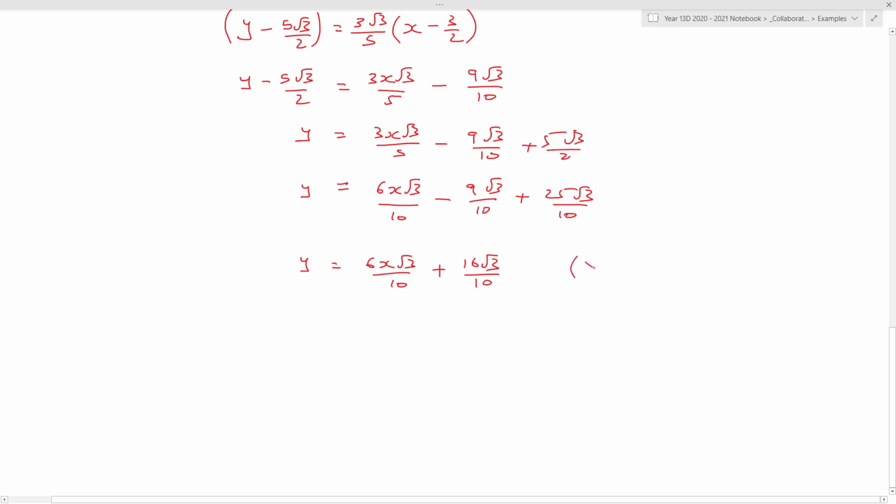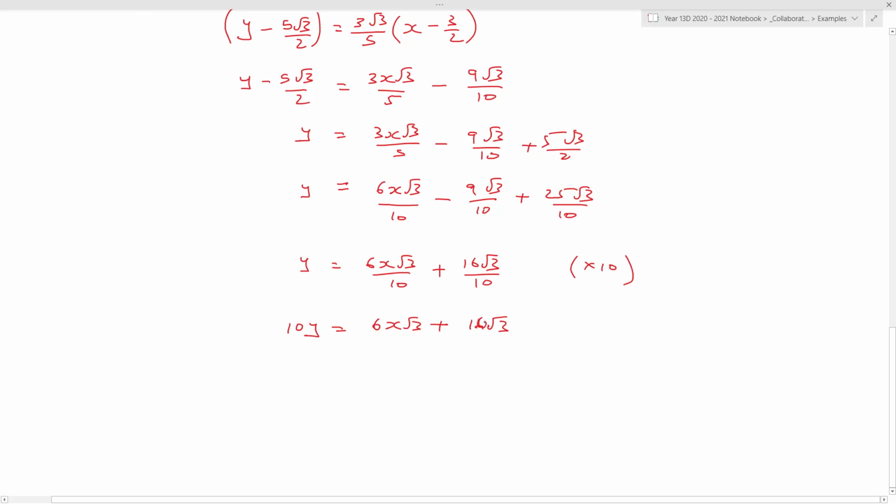If we multiply through by 10, then we get 10y is equal to 6x root 3 plus 16 root 3. And I can see that 2 goes into everything.